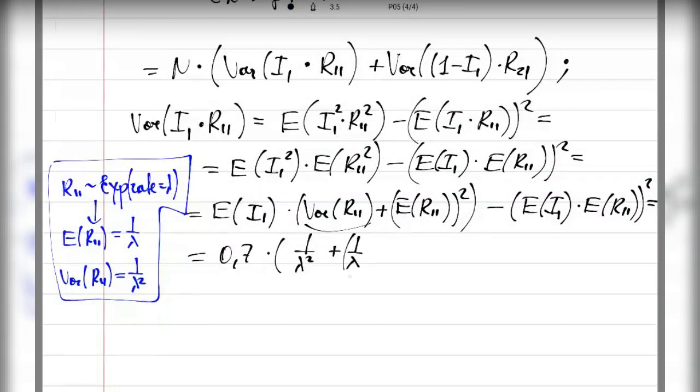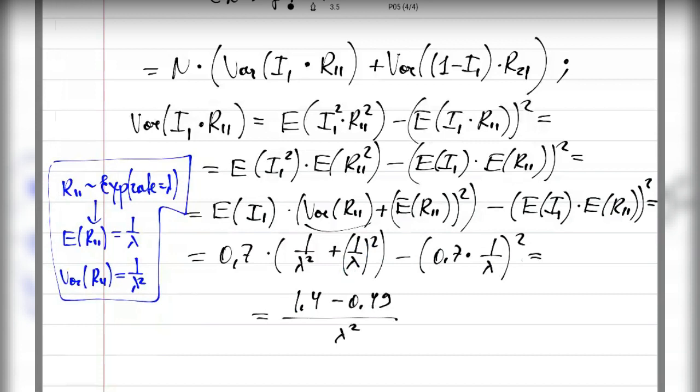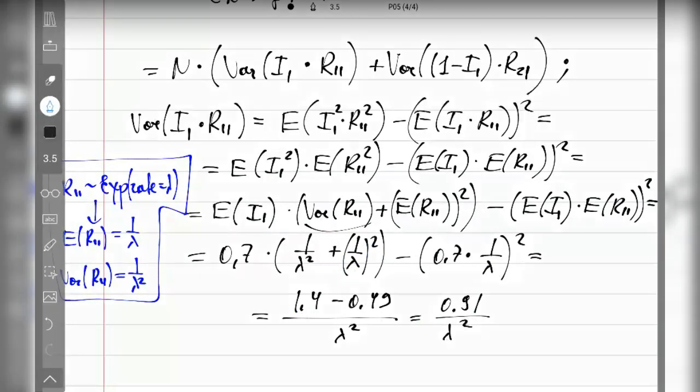Plus 1 over lambda squared, minus 0.7 times 1 over lambda squared. And we've got (1.4 minus 0.49) divided by lambda squared. And we get 0.91 over lambda squared. So that's only the first term.